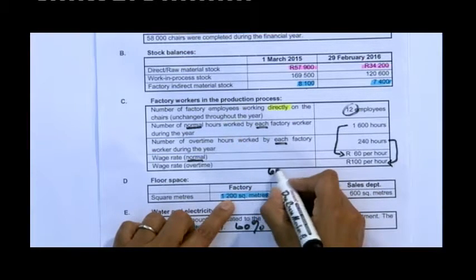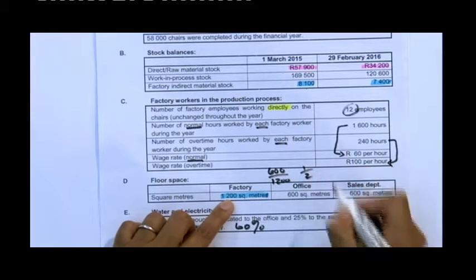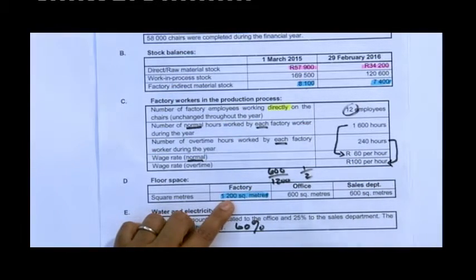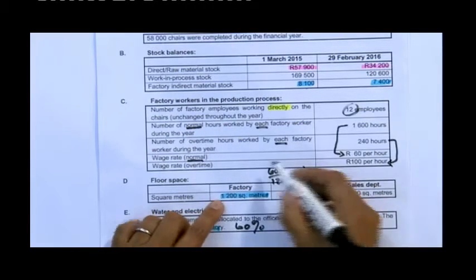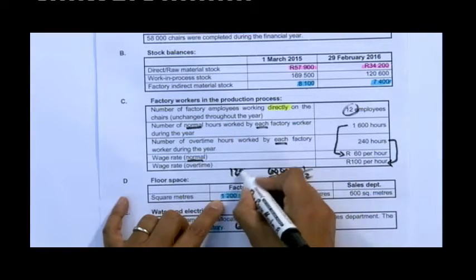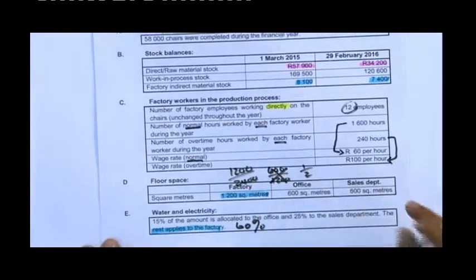So if I say 600 over 1,200, if I simplify that, I get a half. But you still could say 133,000 times 600 divided by 1,200 if you don't know how to simplify. But you can see that the total square meterage is 2,400. 1,200 plus 600 plus 600 is 2,400. 1,200 is half of that. Sorry, my calculation's wrong there. It's 1,200 over 2,400. That is my calculation. My apologies, which is exactly a half.